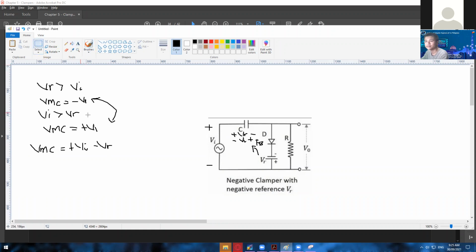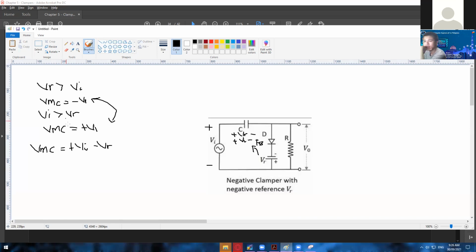So this one should not be negatively charged and then positively discharged. This one should be positively charged by the VI and then negatively discharged by the VI. That is why there is something wrong. VMC is negative, that's correct.